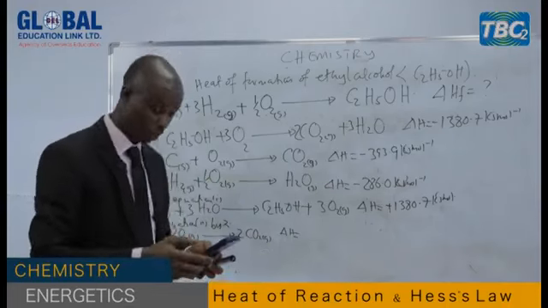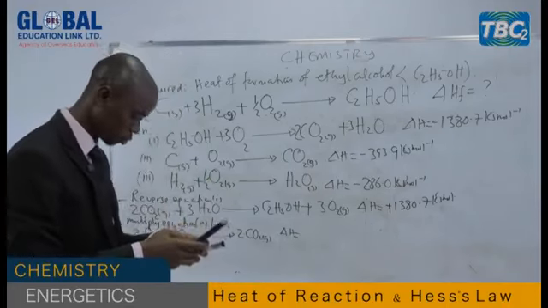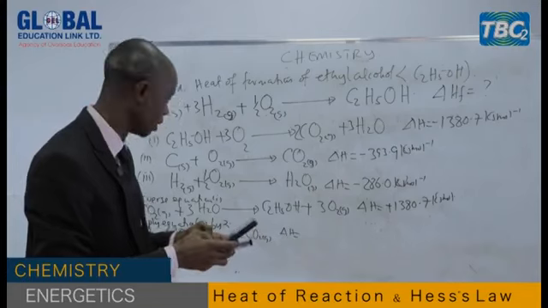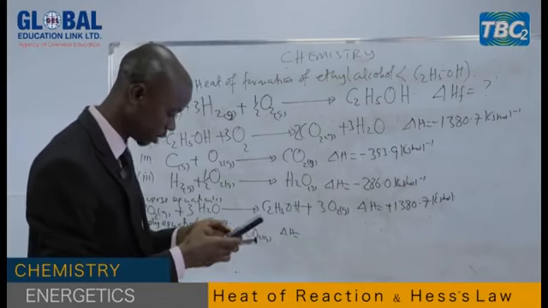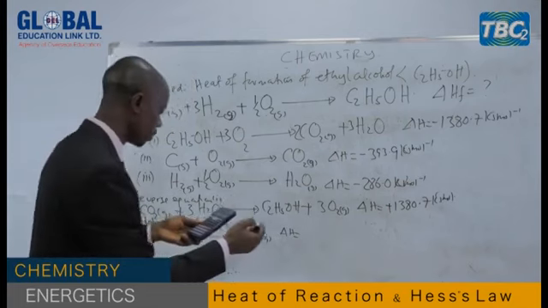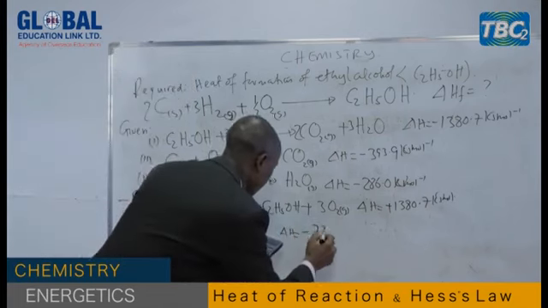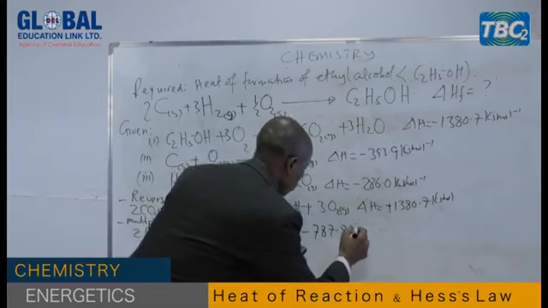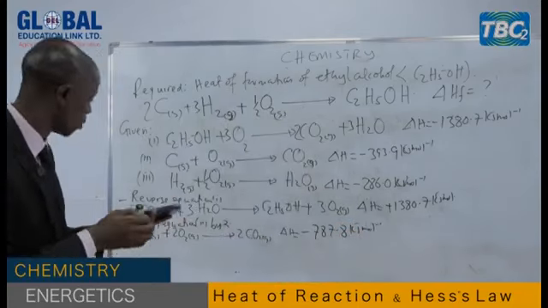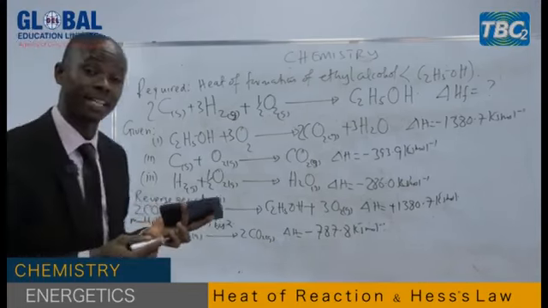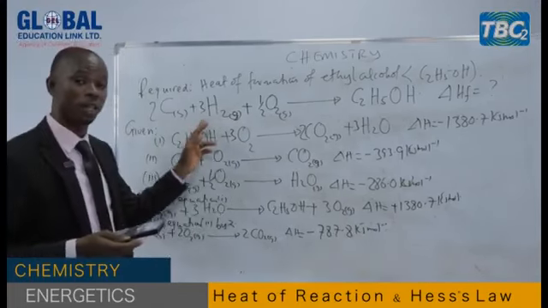You take 2 times negative 393.9 kilojoules per mole, and you get negative 787.8 kilojoules per mole.